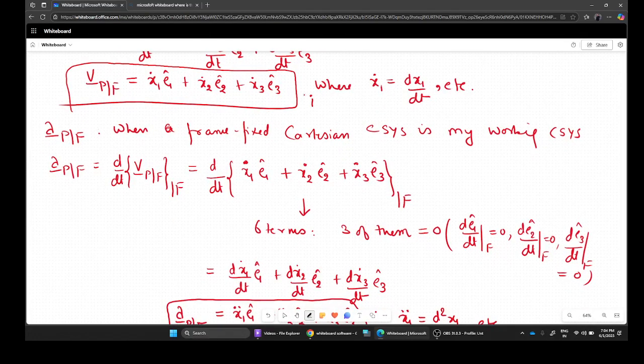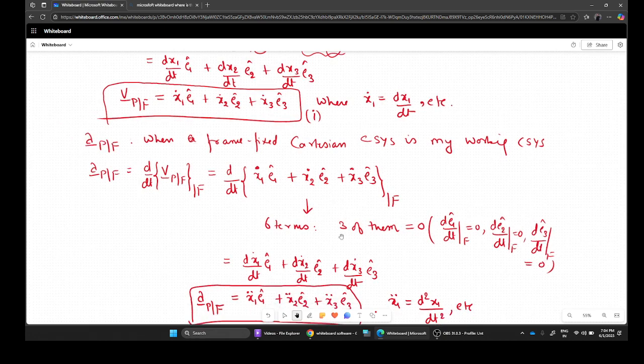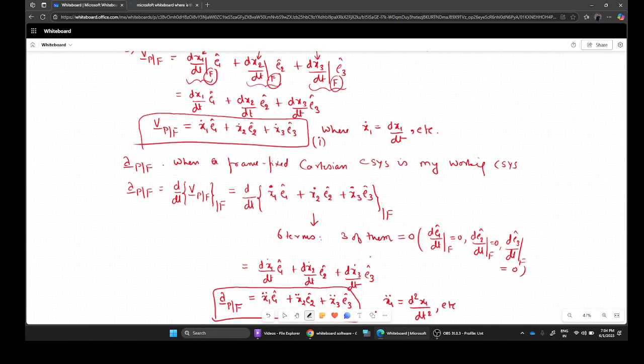These expressions, which I now mark as 1 and 2, will be very handy when we try to solve some problems of interest where the velocity and acceleration of a particle need to be found.